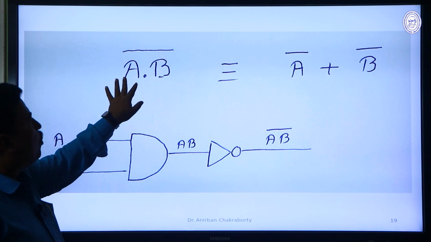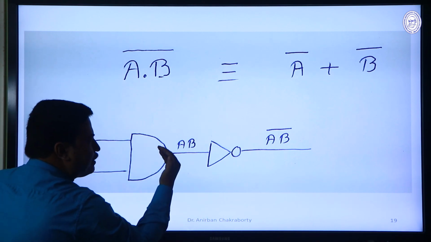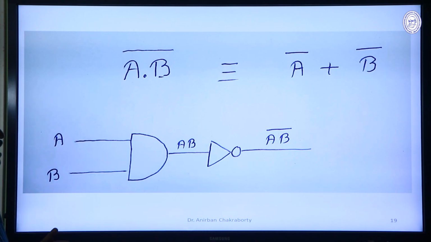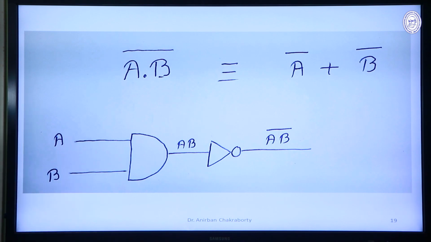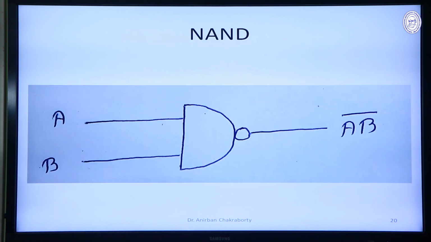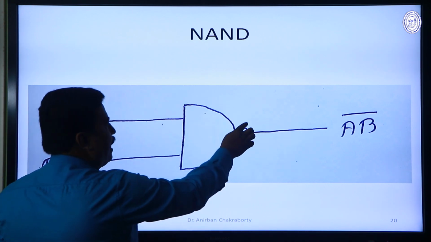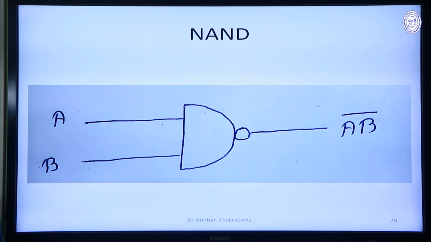So I have drawn this using basic gates. Now suppose I press it so that this NOT gate gets sandwiched with this AND gate. So it becomes what? Look, the structure becomes a NAND gate, means the AND has been sandwiched with that NOT gate. This bubble signifies that there is one NOT gate.